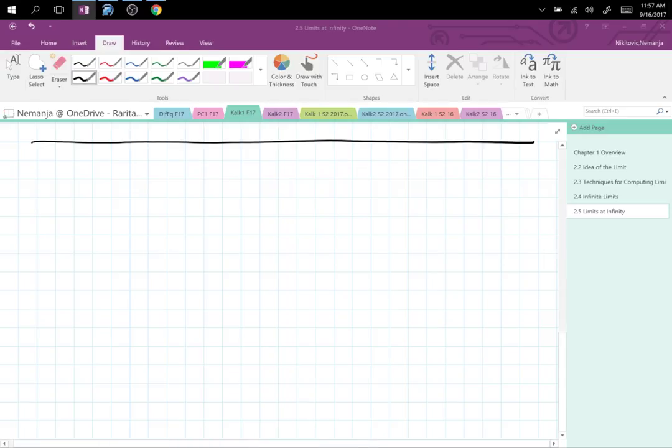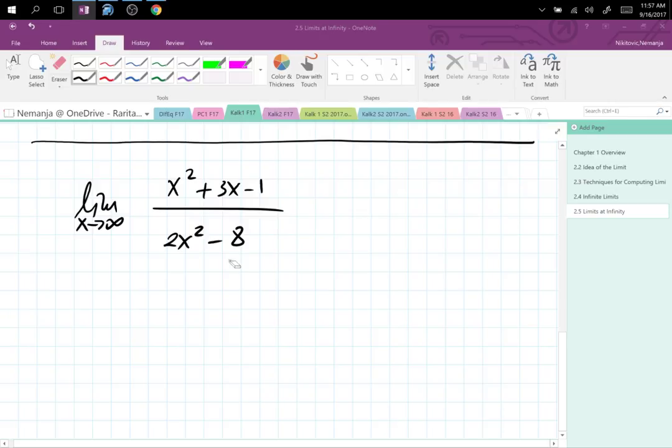Say that you have a problem which states that the limit as x goes to infinity of x squared plus 3x minus 1 divided by 2x squared minus 7.